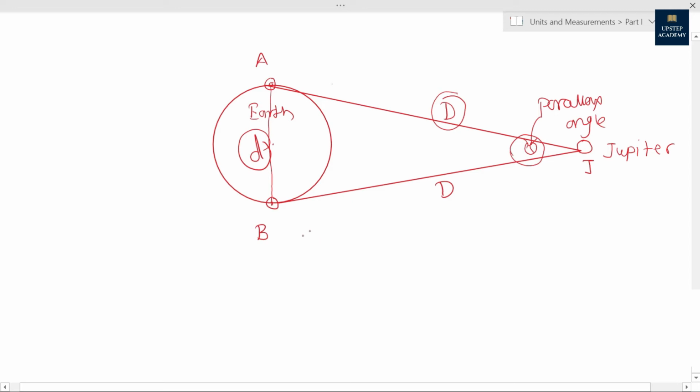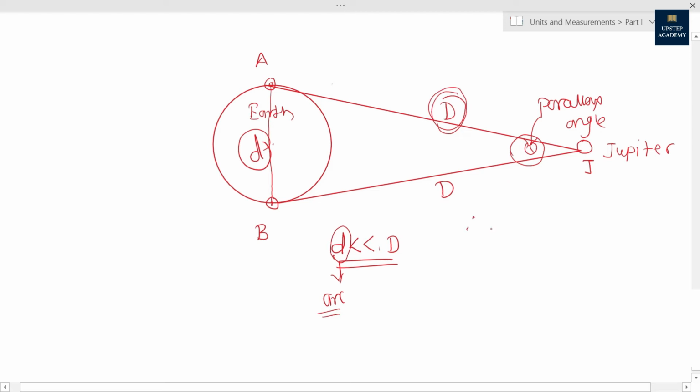Now how do we apply this method? We use the same formula, but over here we have to understand one thing: this distance is very small compared to the distance between earth and Jupiter. The distance between earth and Jupiter is in millions of kilometers and this is in thousands of kilometers. So of course this D is much higher than this d. So this D we can take as the arc of a big circle of which this D is the radius.